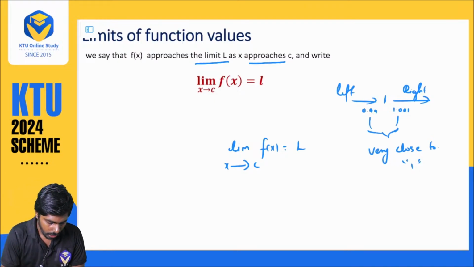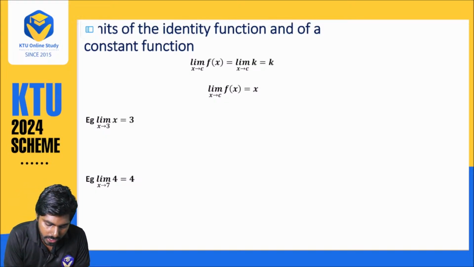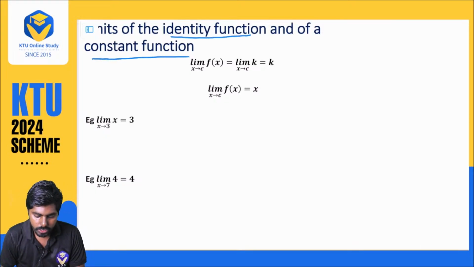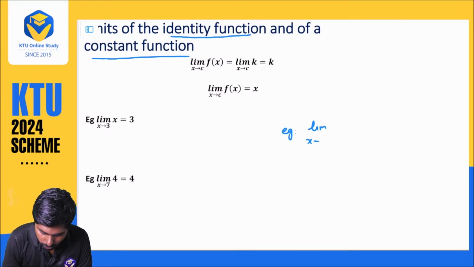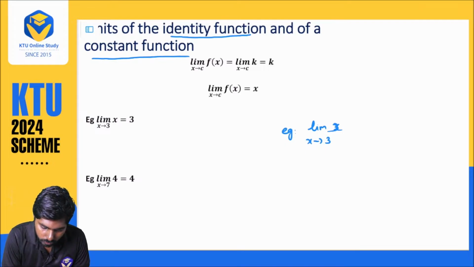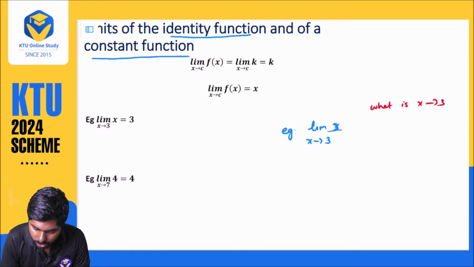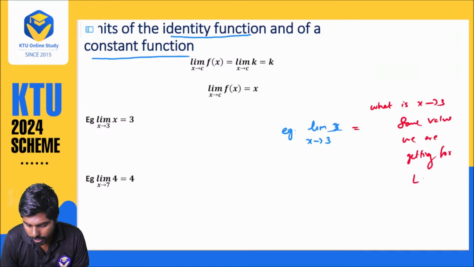Now, some basics in limits we want to know. In limits there is an identity function and a constant function. For example, the limit as x approaches 3 of x: the same value that x is approaching is what we get for L, that is, L is also 3.